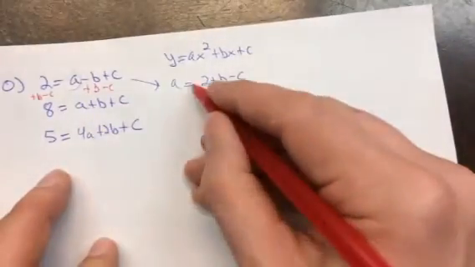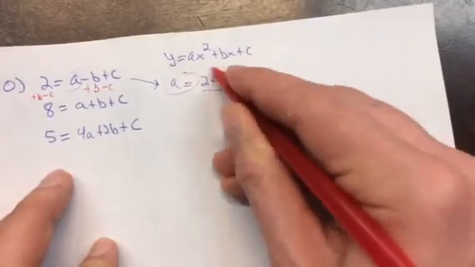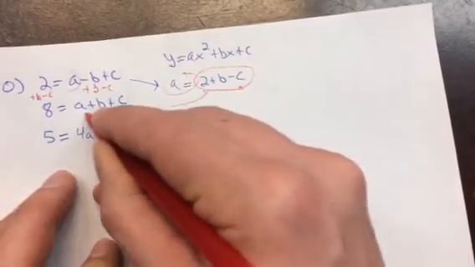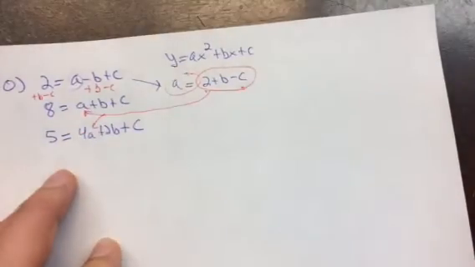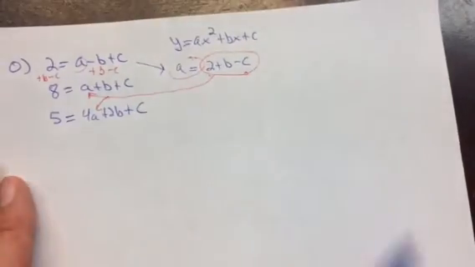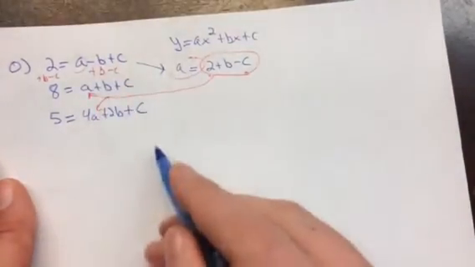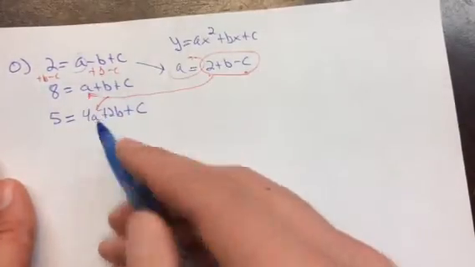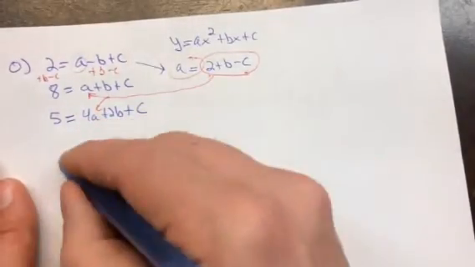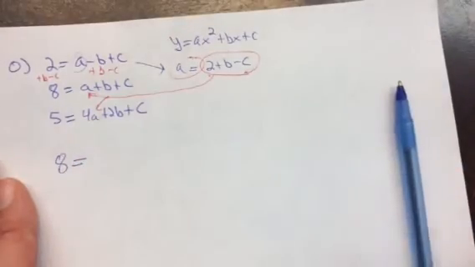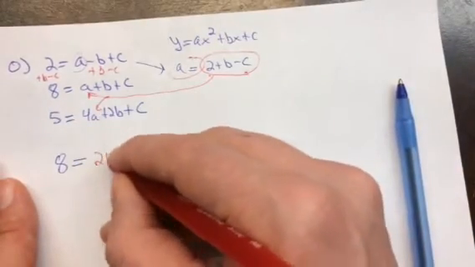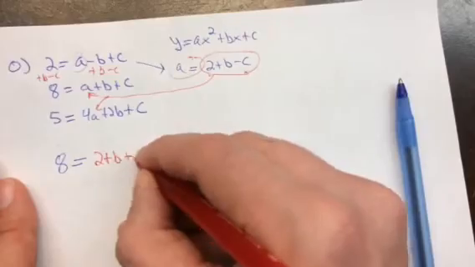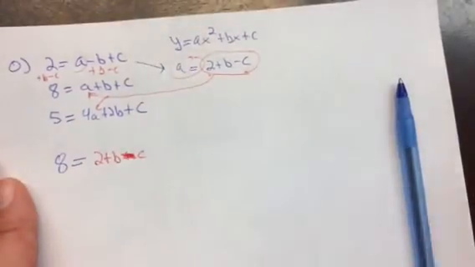And so I've gotten a by itself, and so I can substitute this into the other two equations where there's an a. Again, the point of this is to stop there from being 3 variables. Now there will only be b's and c's because I've gotten rid of the a's by substituting. So that's what I'm going to do. 8 equals, a is 2 plus b minus c.